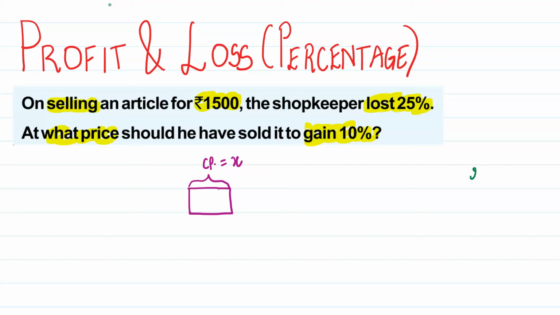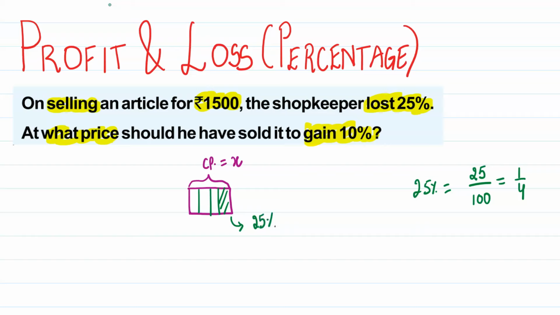From your prior knowledge, you can recollect that 25% means 25 by 100, which means 1/4. That means he lost 1/4 of the amount. So if we divide the CP into 4 equal parts, he lost this much amount. This much amount is 25%.